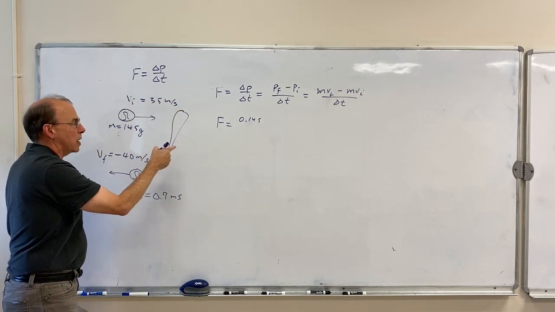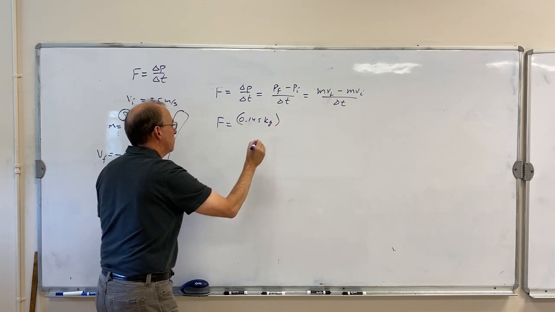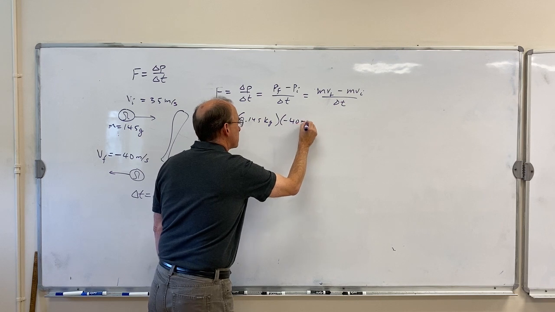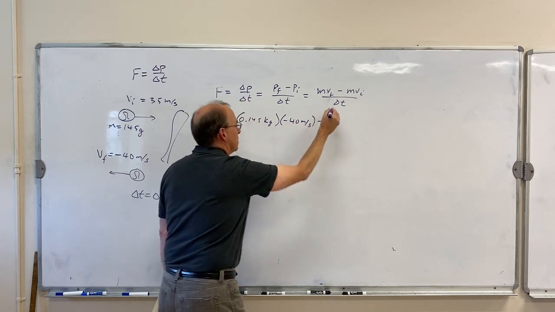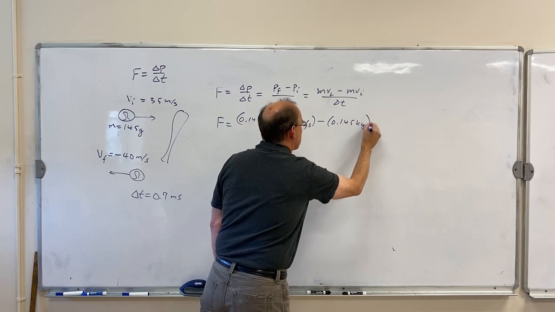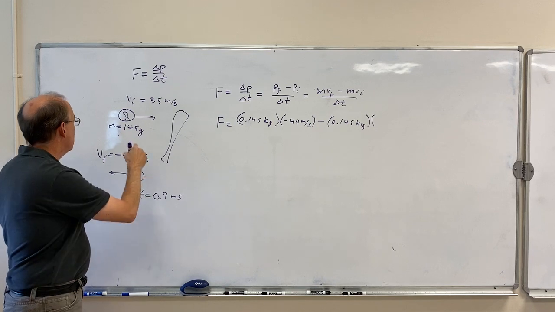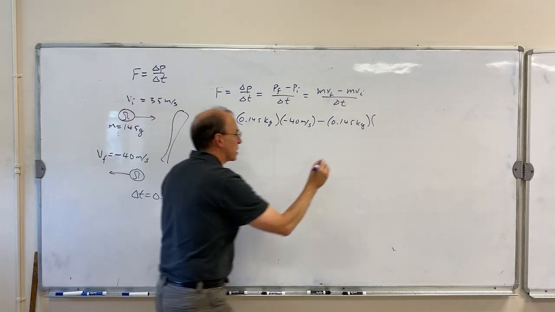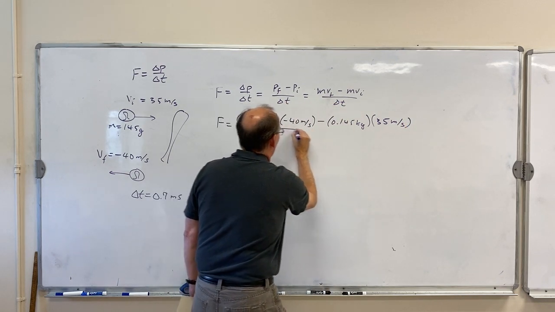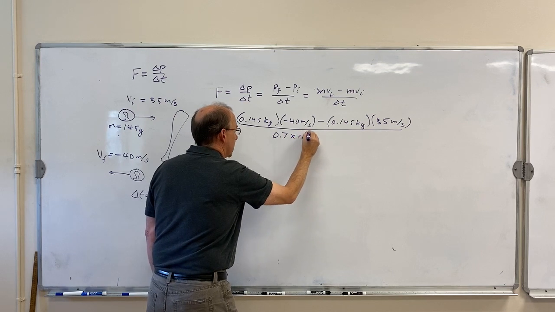There's 145 grams, so 0.145 kilograms, v final is minus 40 meters per second, minus mv initial, 0.145 kilograms, the initial was 35 meters per second, all over delta t, which is 0.7 times 10 to the minus 3 seconds.